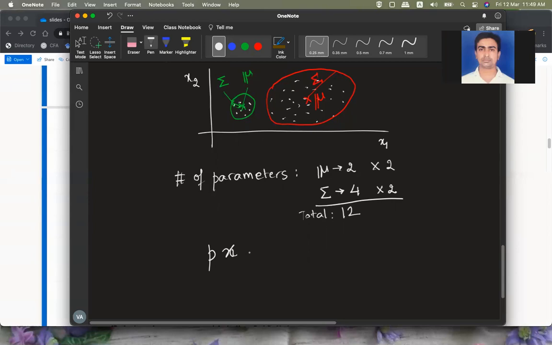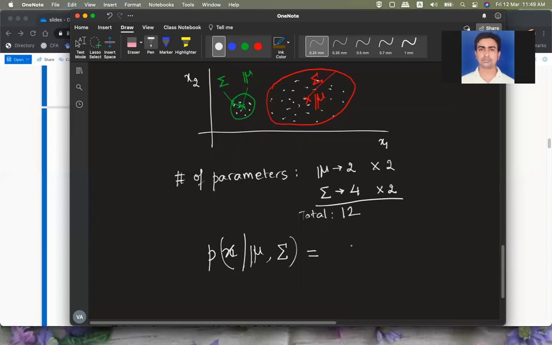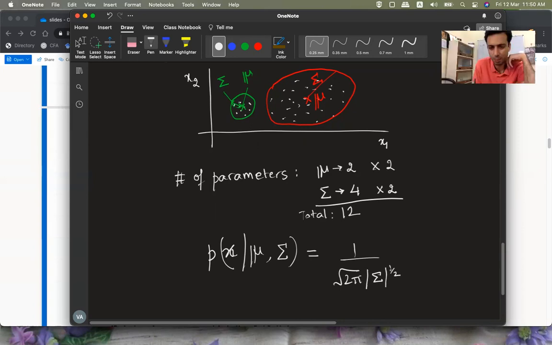Yes. This is Gaussian distribution. P of x given mu comma sigma. What is this? 1 by under root 2 pi determinant of sigma. Is it 1 upon 2 or d upon 2?